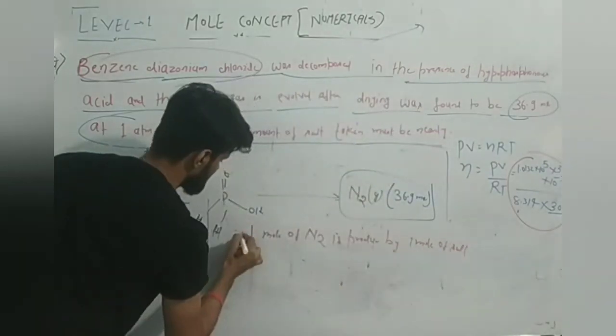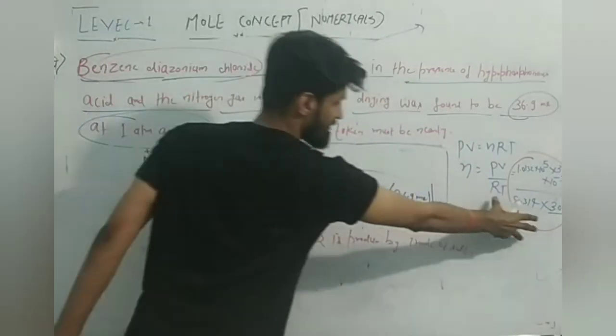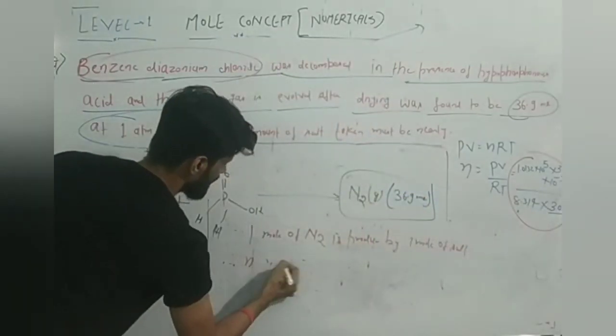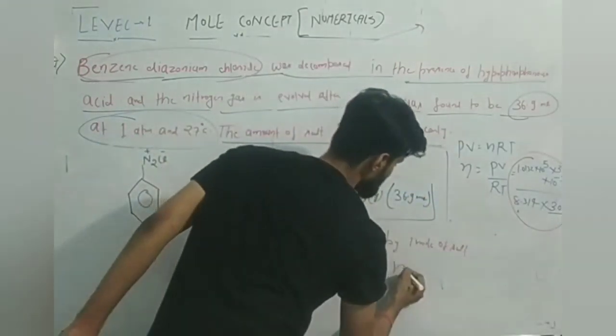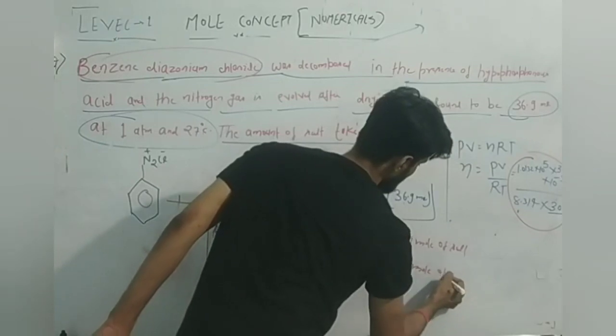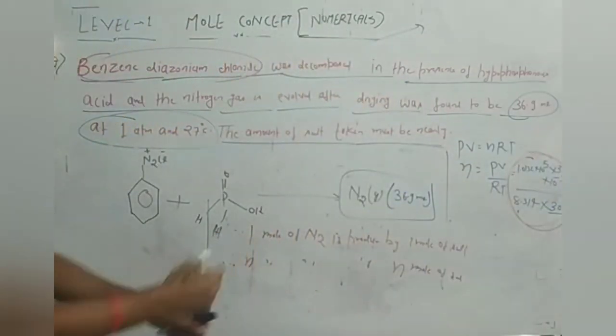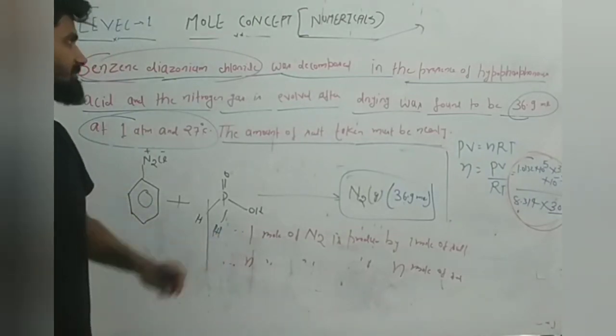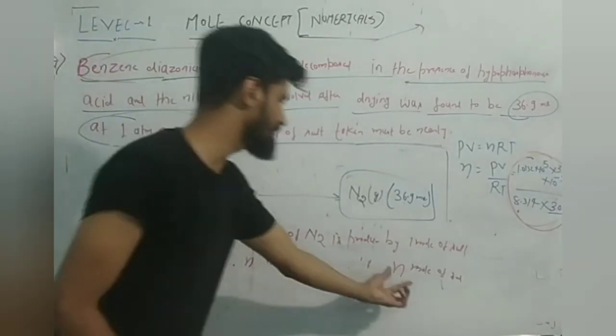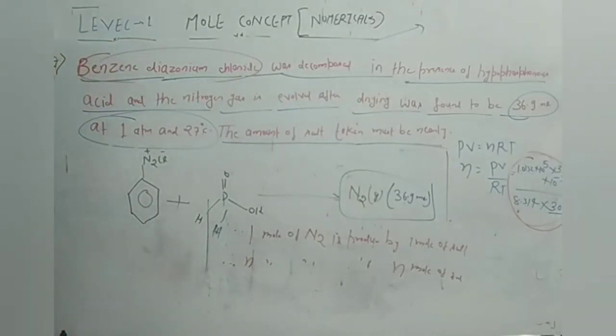So n moles of N2 will be produced by n moles of salt. That much number of moles of salt will be required to produce that amount.